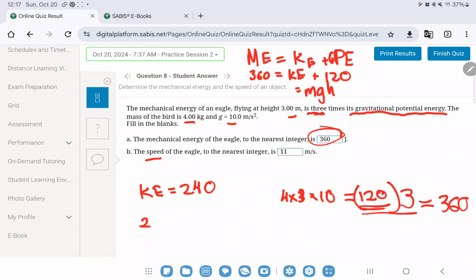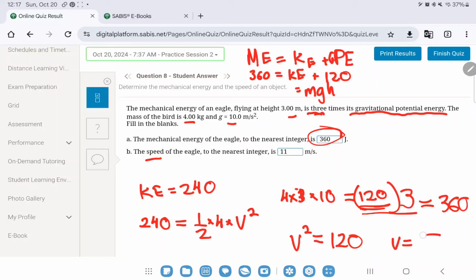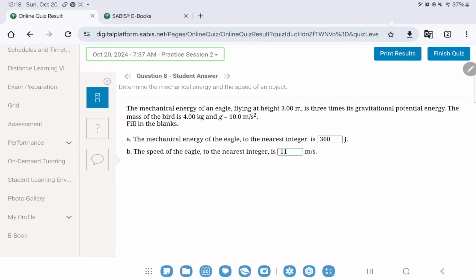Now that we have our kinetic energy, we can substitute in the equation: it equals half our mass, which is 4, times V squared. 240 times 2 is 480. 480 divided by 4, V squared equals 120. So V equals the square root of 120, which I think is 10 point something. Let me make sure. It's going to give you 10.95, which is around 11. You round it up to the nearest integer, which is 11. And that's it for this question. Let's move on to the next.